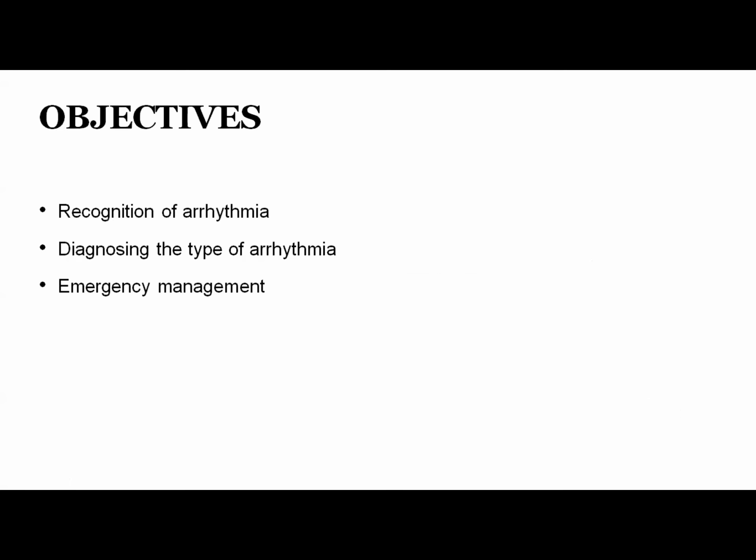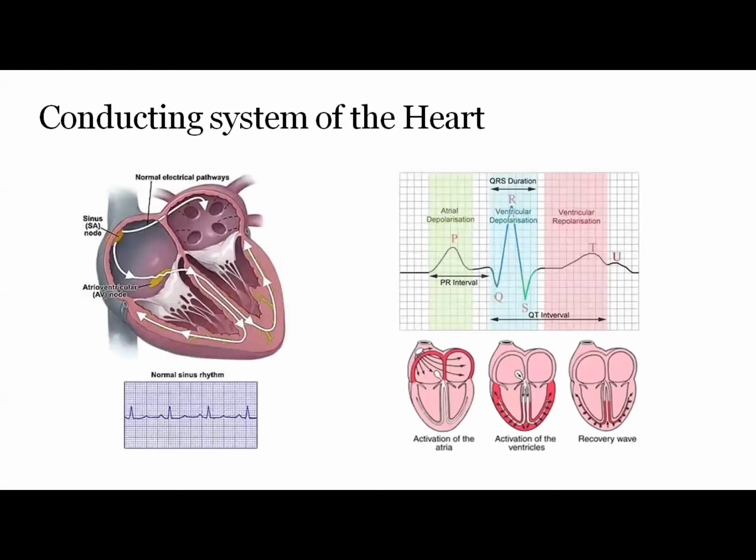The objectives for today's topic are recognition of arrhythmia in a child presenting to the ER, diagnosing the type of arrhythmia, and emergency management and stabilization of the child. When we talk about arrhythmia, we have to know about the normal conduction system and how normal sinus rhythm looks.